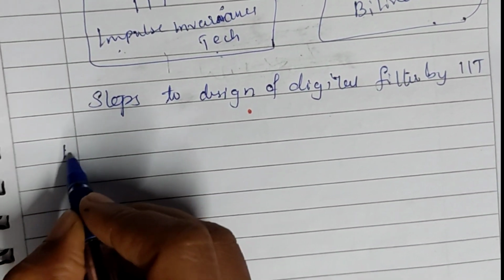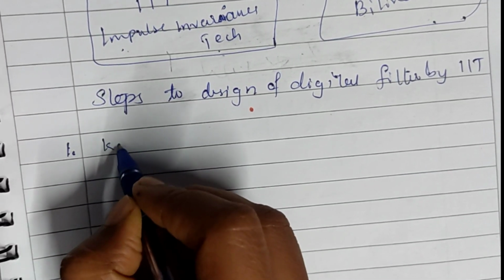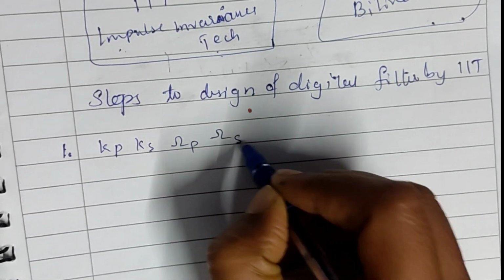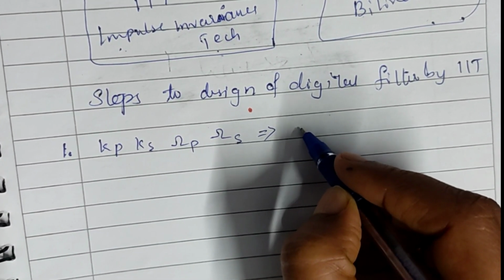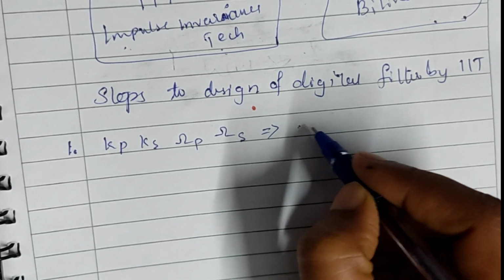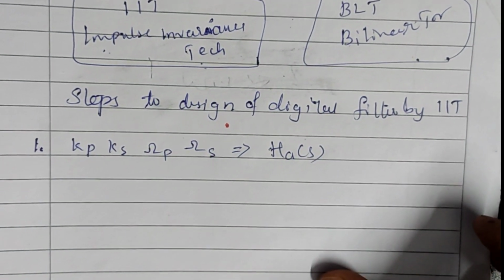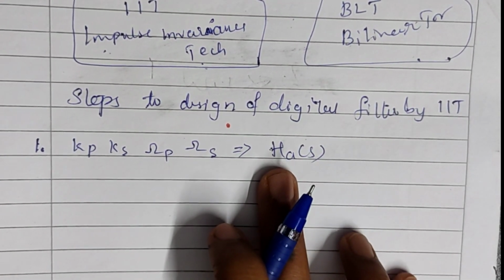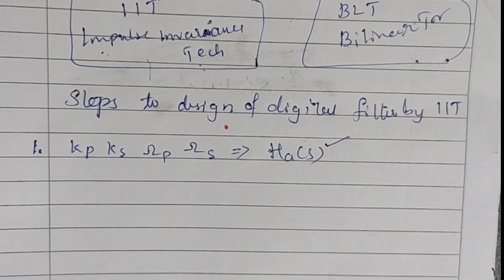Now first step: for the given specifications, if they have given Kp, Ks, OMP, OMS, then it is our duty to form the analog transfer function, which is called HA of S. In most of the question papers they provide us this transfer function.